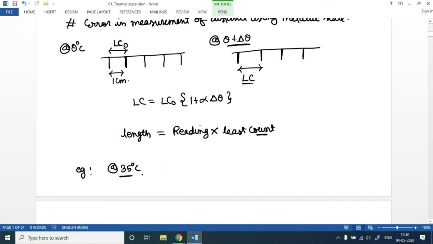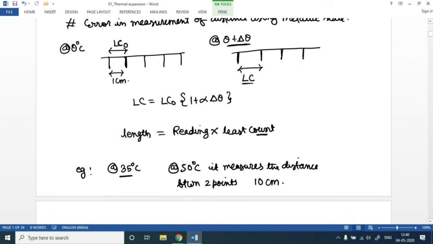And let's say at 50 degrees Celsius it measures the distance between 2 points as something like 10 centimeter. So what would be the actual distance between those 2 points?